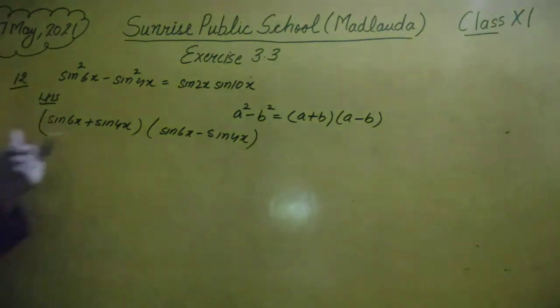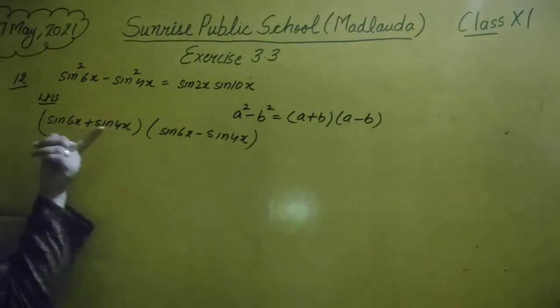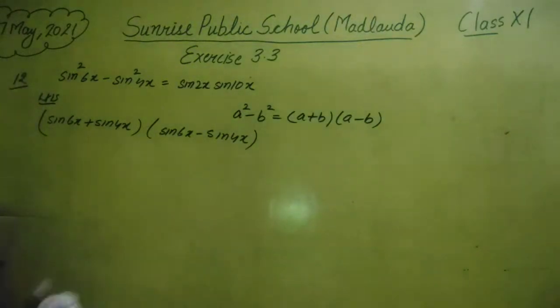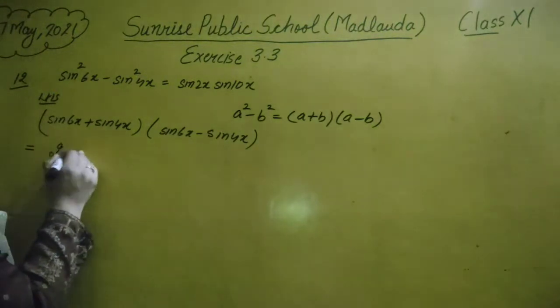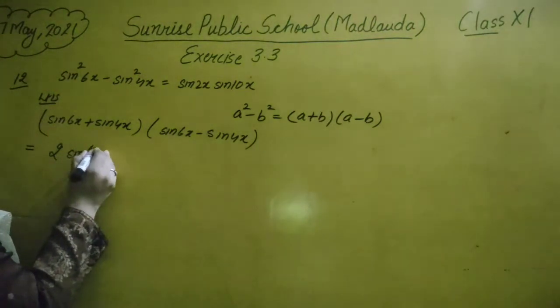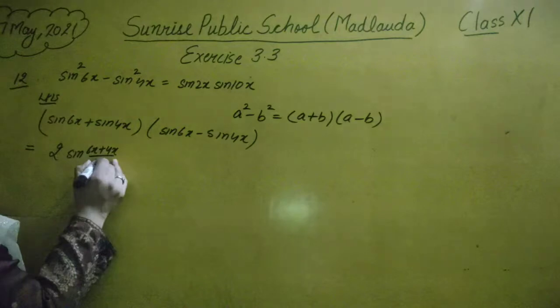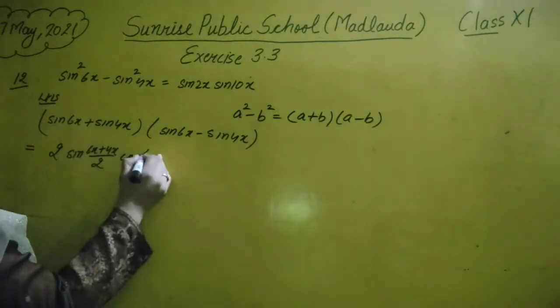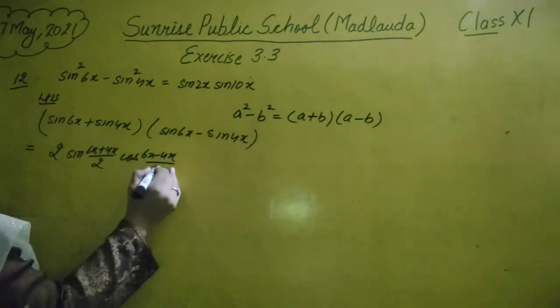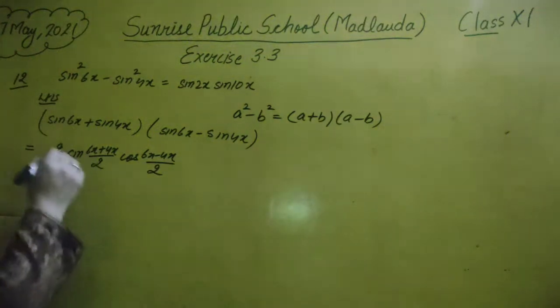Now we will use the identities for sin x plus sin y and sin x minus sin y. We know that sin x plus sin y is 2 sin of (6x plus 4x) divided by 2, cos of (6x minus 4x) divided by 2.